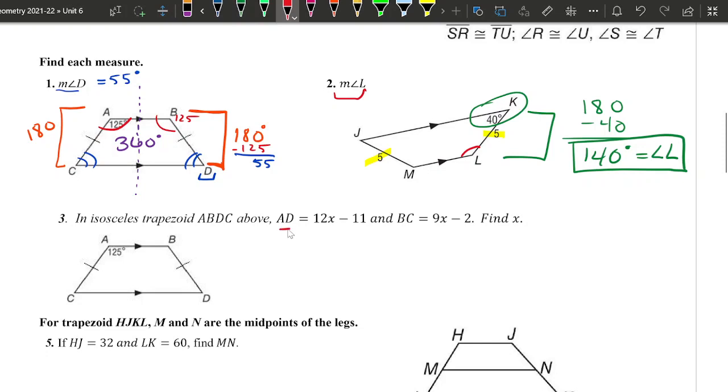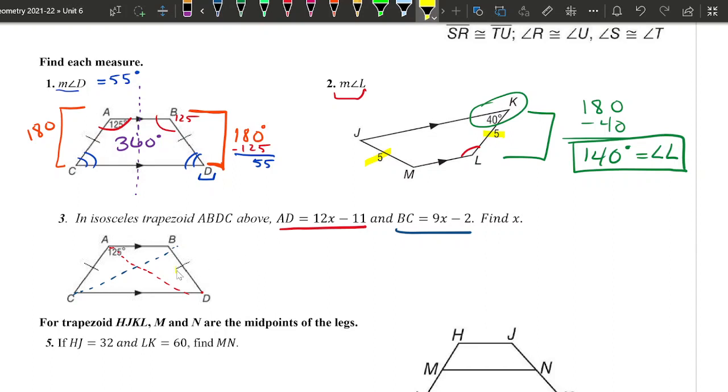So it says AD equals 12x minus 11. So A to D is the diagonal. And then BC is 9x minus 2. BC is the other diagonal.